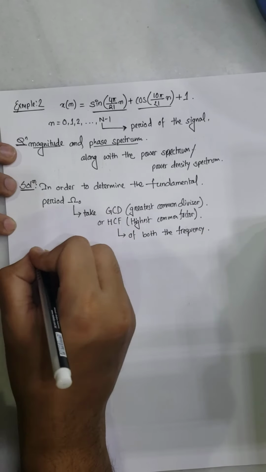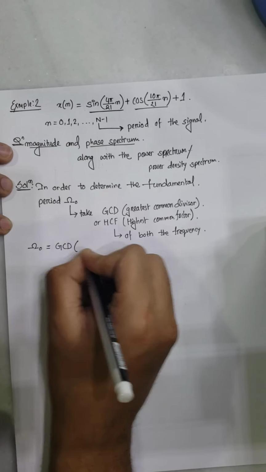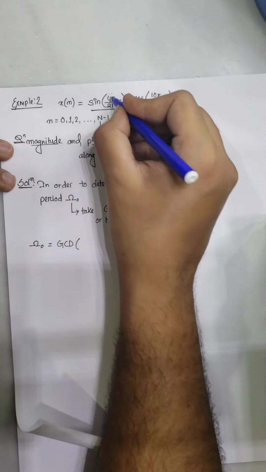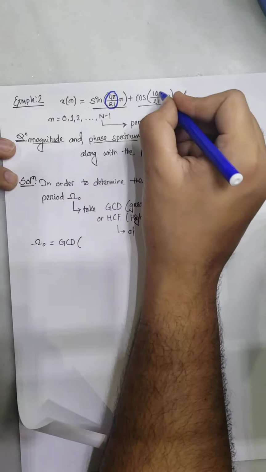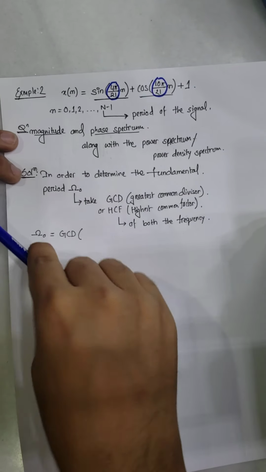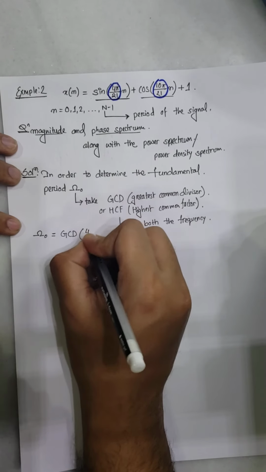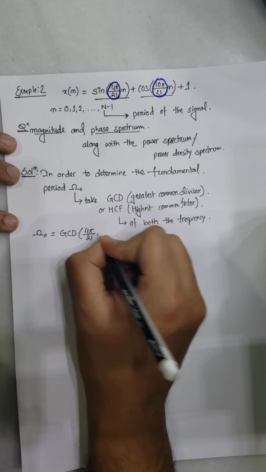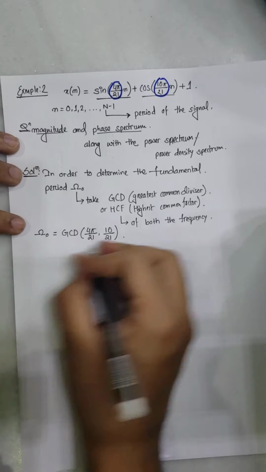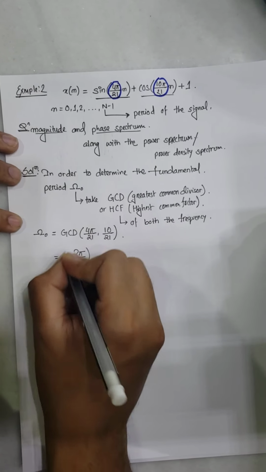So in our case, omega naught will be equal to the GCD of this value and this value, 4 pi over 21 and 10 pi over 21, which is simply equal to twice pi over 21.